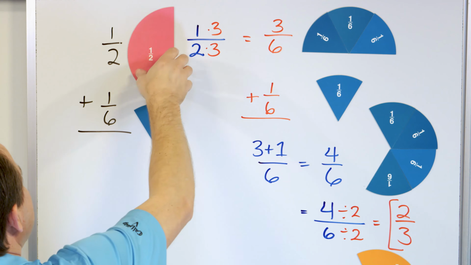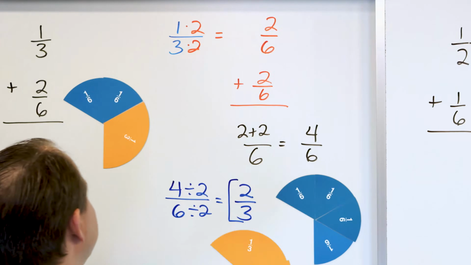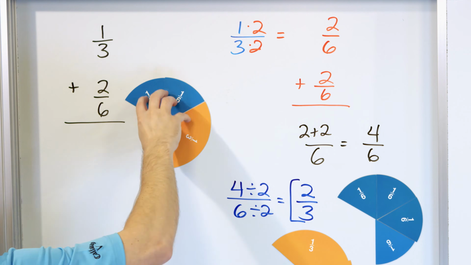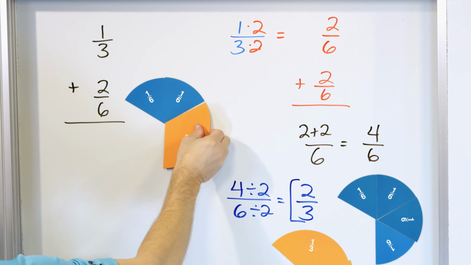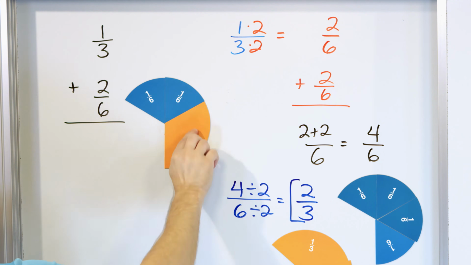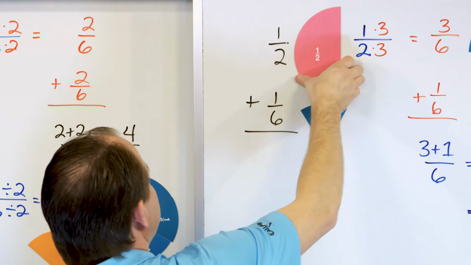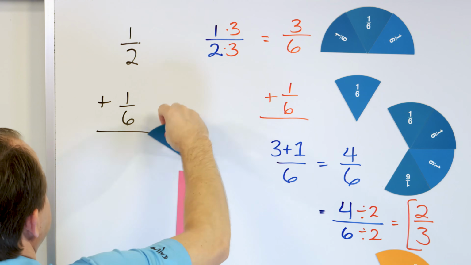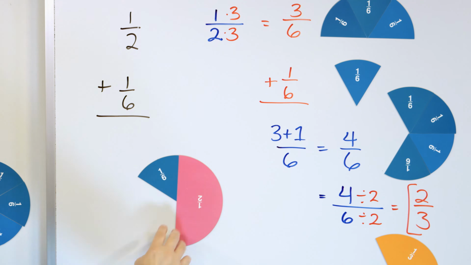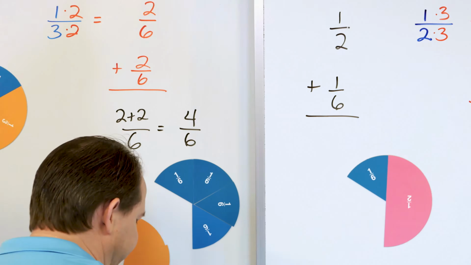So before we end this problem, let's go back and look at the previous problem. I want you to remember what it looked like. The 1/3 from up here, we added to the 2/6, and it looked something like this. It went about this far around. Now, if we come over here and put this guy like this, and we're going to add these two fractions together, look at this, it's exactly the same amount of material to start with.